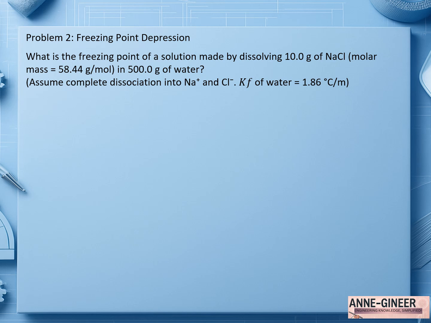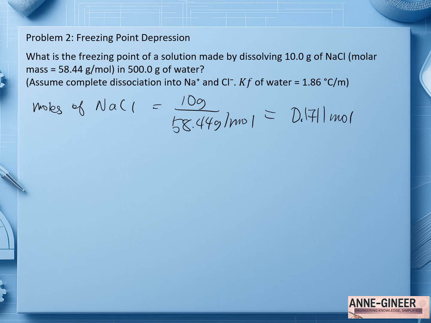First, we have the moles of NaCl, which is equal to 10 grams over 58.44 grams per mole. So we have 0.1711 mole.